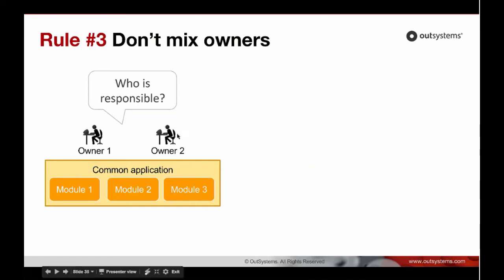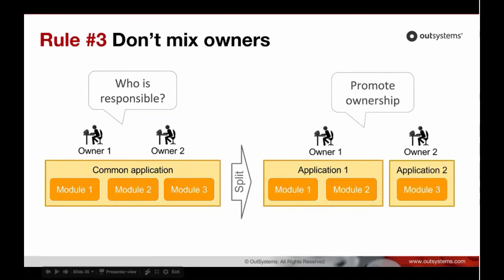So it's very important to promote ownership. Basically, the idea is to split these into different applications and clearly define the owners of each application in terms of development team.